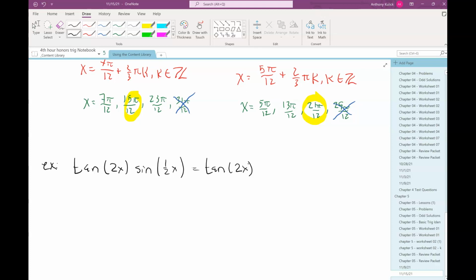Instead, what I would suggest is to get everything onto one side.